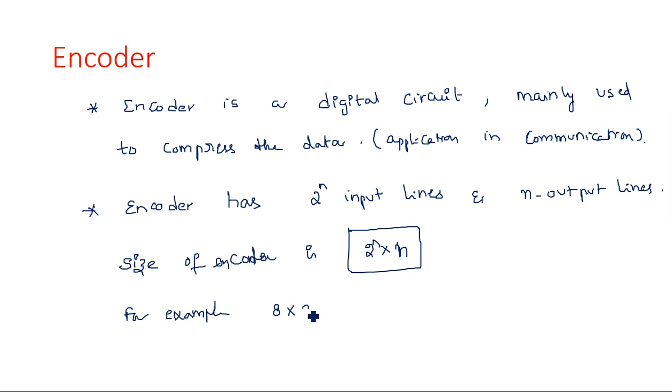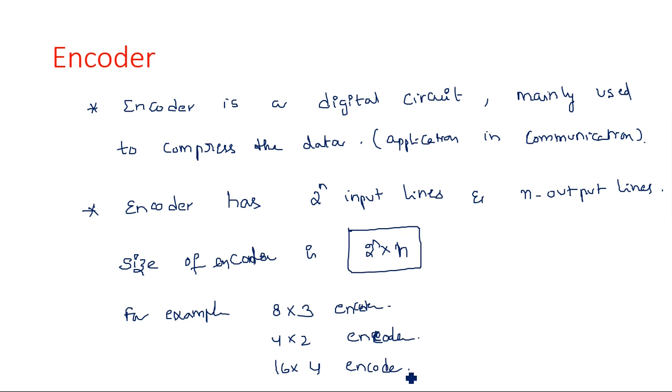So for example, 8 to 3 encoder, 4 to 2 encoder, 16 by 4 encoder, and then 32 by 5, 64 by 6.